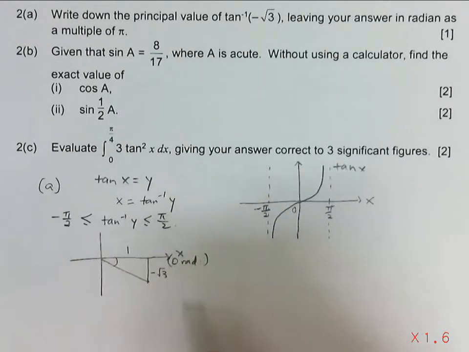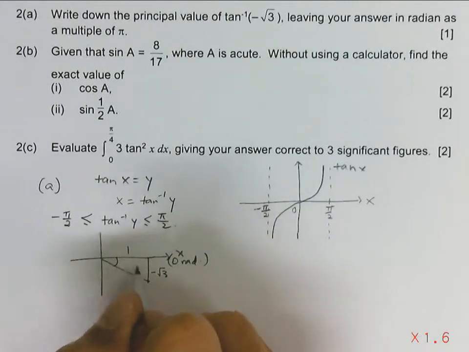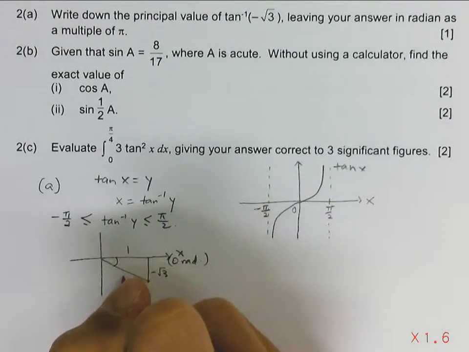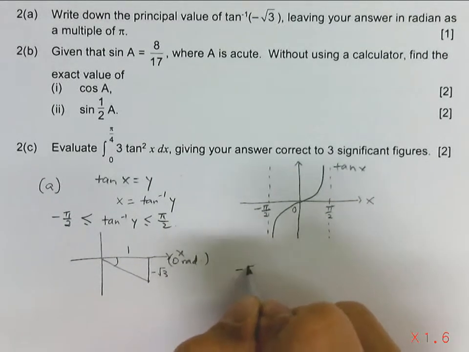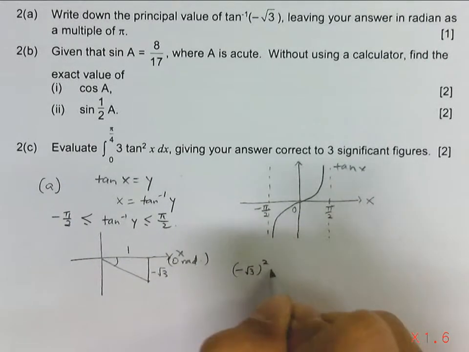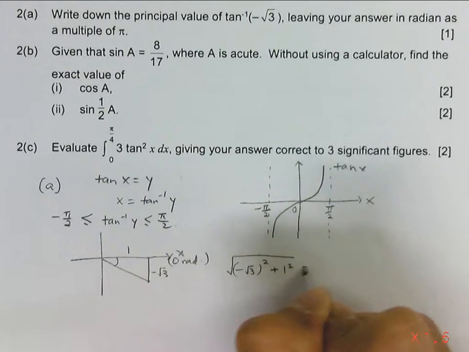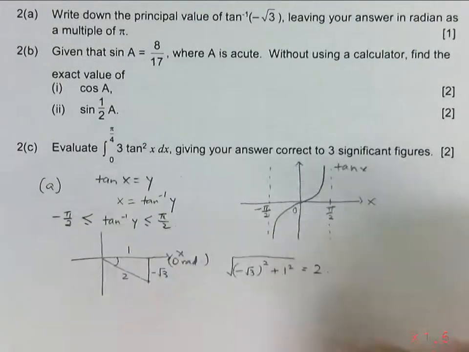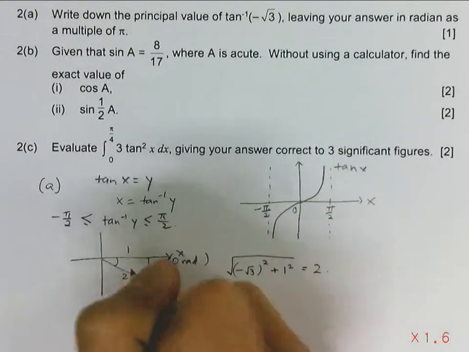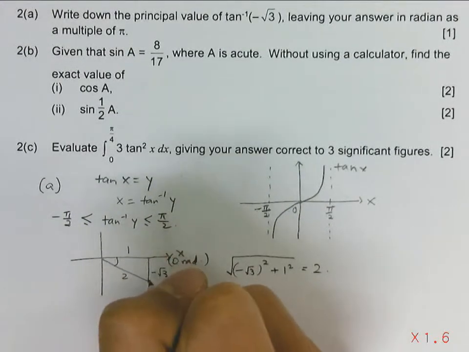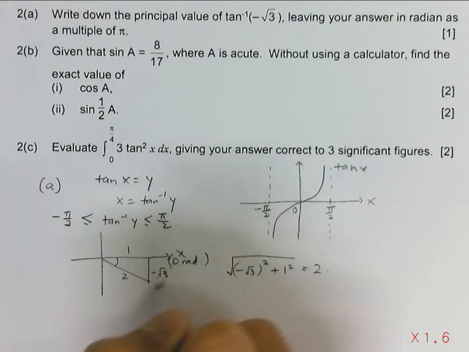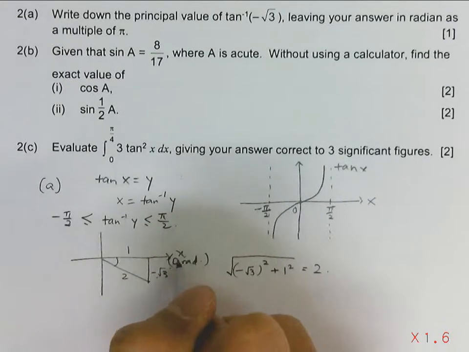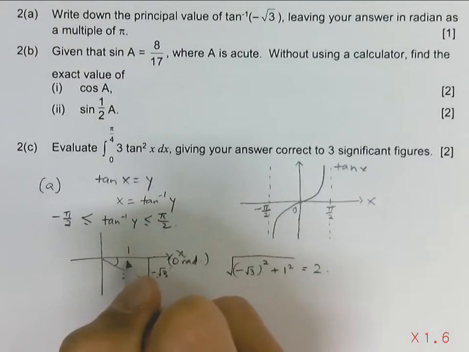So from here we can find the hypotenuse by Pythagoras theorem: root 3 squared plus 1 squared, square root, that gives us 2. And we can easily draw an equilateral triangle if you want, so that you can see that the angle we are looking for is actually pi over 3.